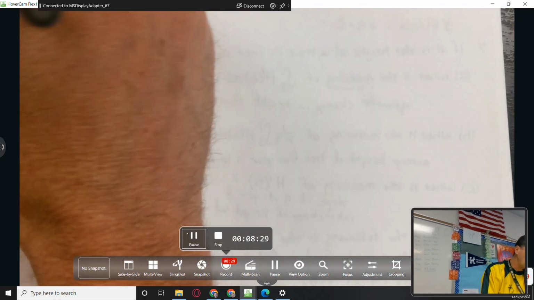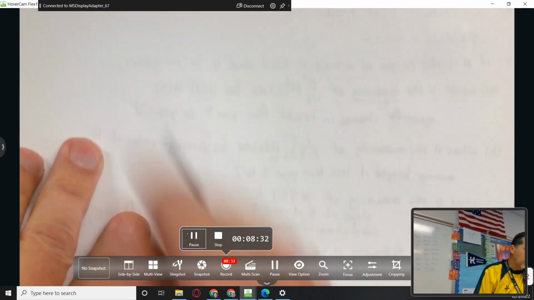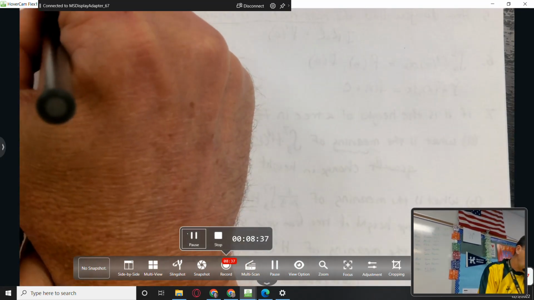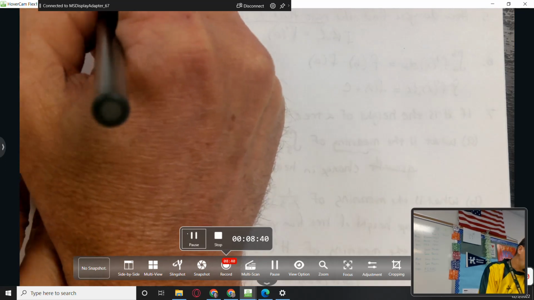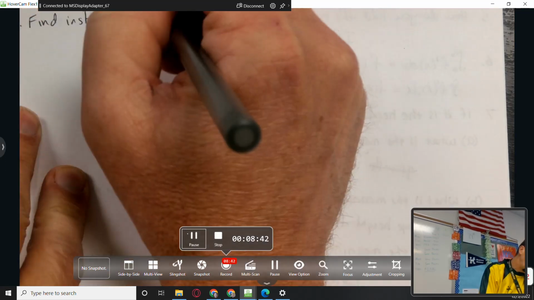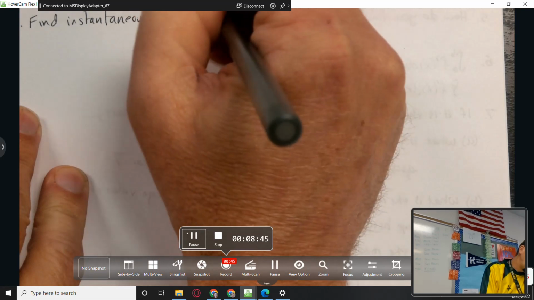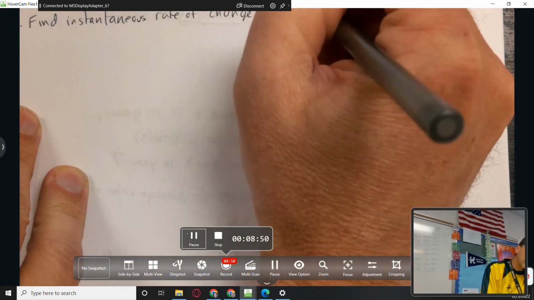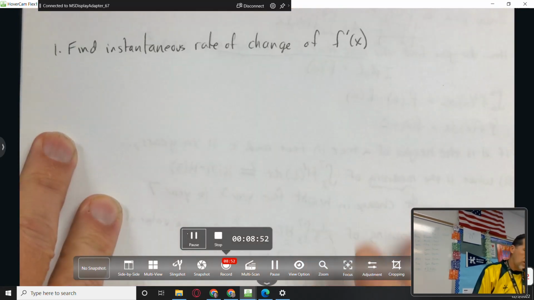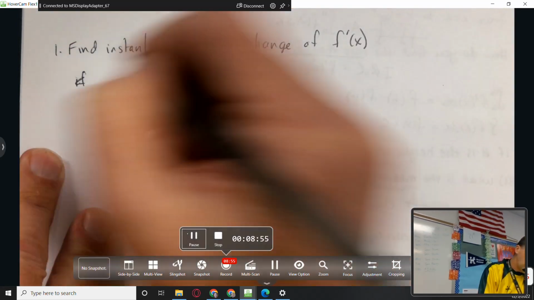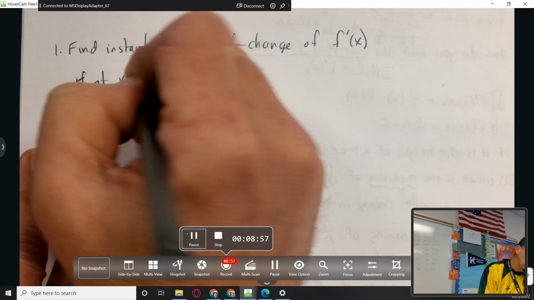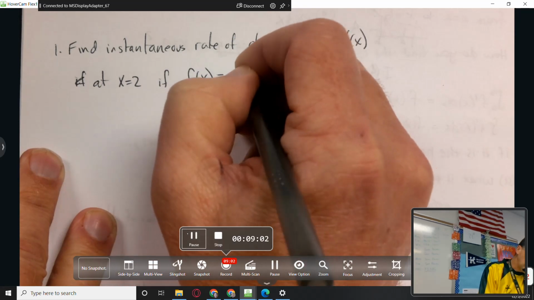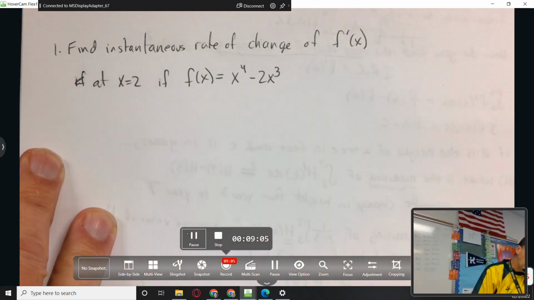Flip that over. This is my addition to the test-based review. Find the instantaneous rate of change of f prime of x at x equals 2 if f of x equals x to the 4th minus 2x cubed.